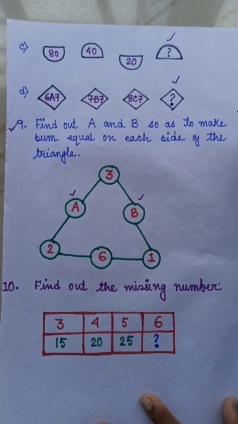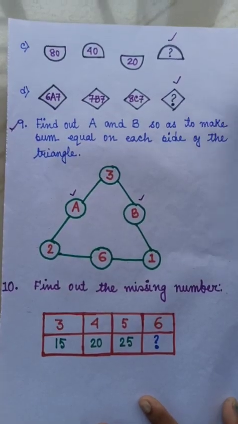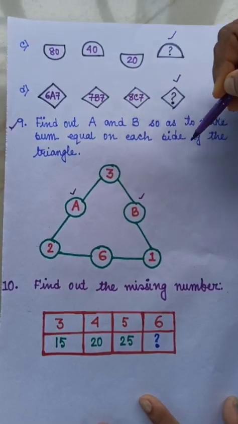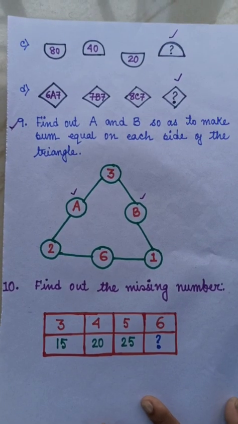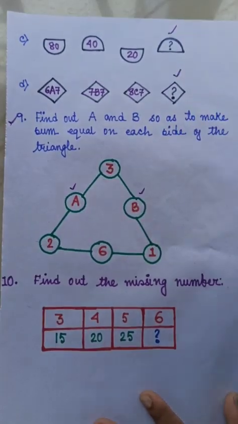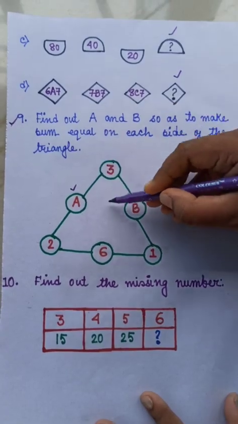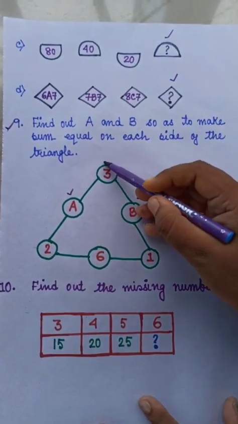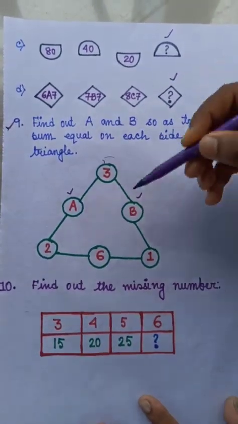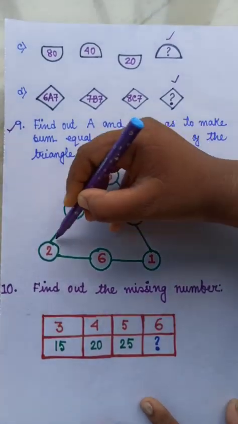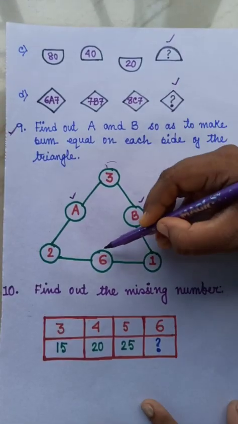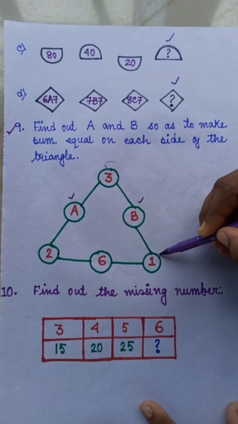And what is the rule? To make the sum equal on each side of the triangle, you have to find numbers in such a way that the addition of this side will be the same as the addition of this side and this side. Like 6 plus 2, 8 plus 1, 9.